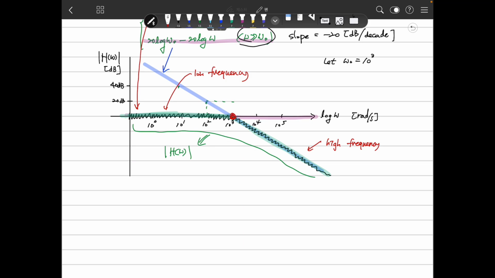Especially at the midpoint, we call this the high frequency asymptotic line, and this the low frequency asymptotic line.